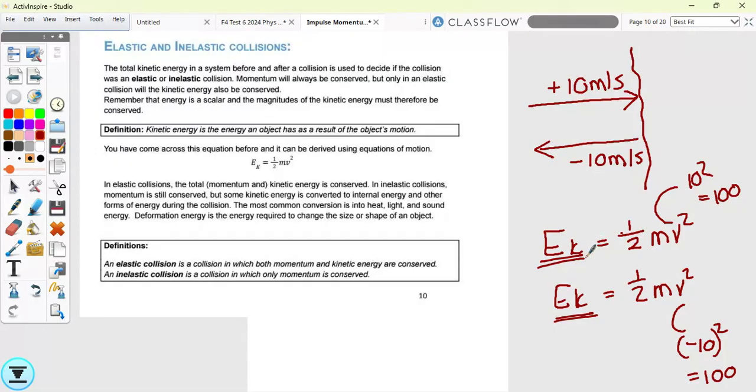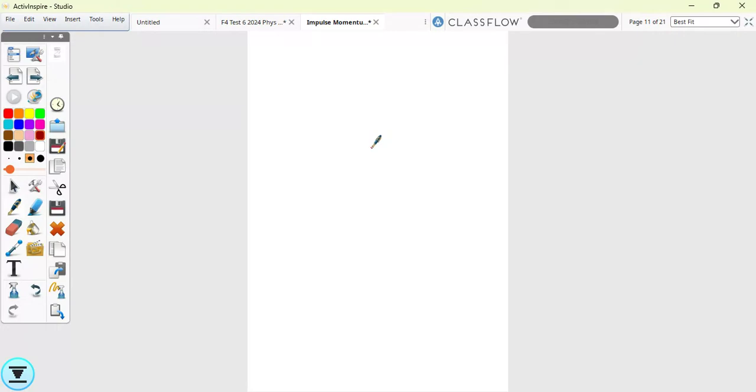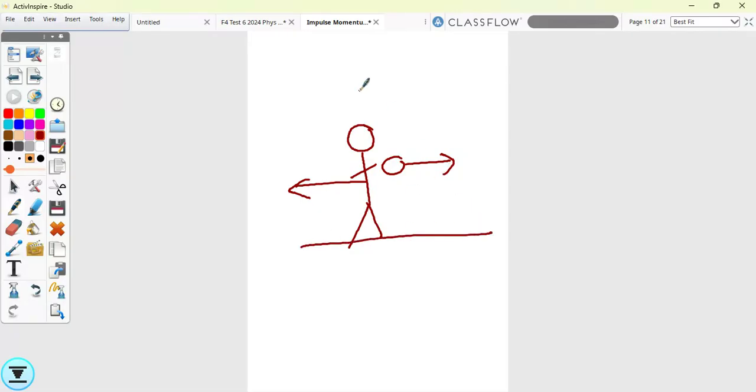A common one, where I've seen teachers get this wrong, is the explosion type questions. When you have the person moving this way and the ball moving this way, remember EK before: nothing is moving.